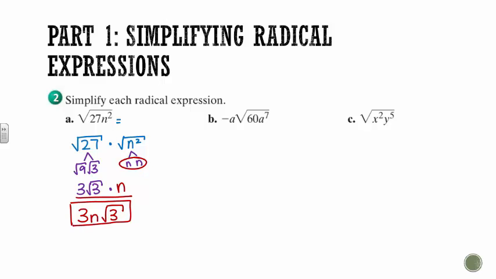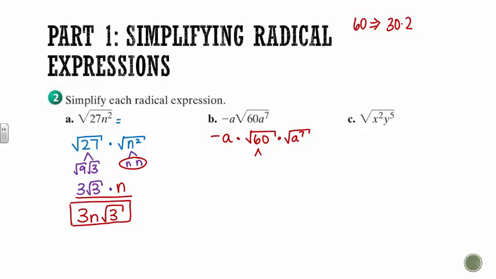Now with the next one, we have that negative a on the outside. Remember, it's just multiplying. So let's break it up into our numbers and our letters. Our numbers. Chances are you thought 30 and 2, not a perfect square. So keep breaking it up. 60 breaks into either 30 and 2.